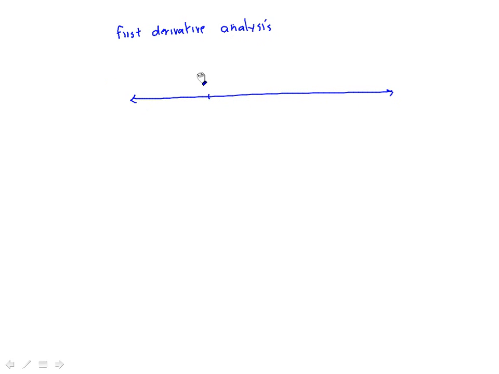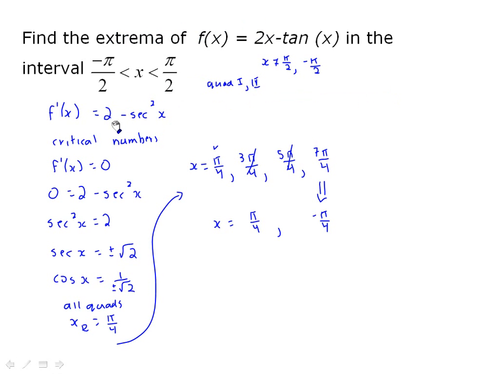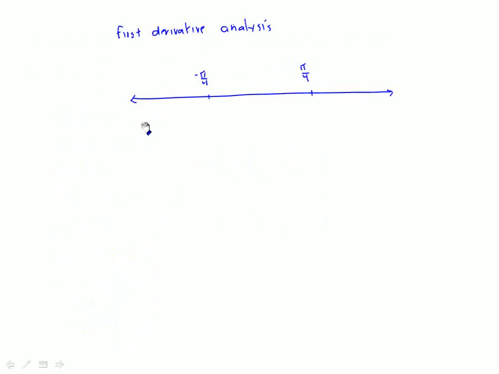We have negative pi over 4, and we have positive pi over 4. And our first derivative is 2 minus secant squared x. And that's the only factor we have, and that will give us all the information we need about the first derivative.